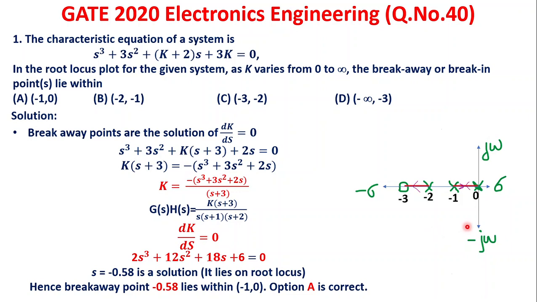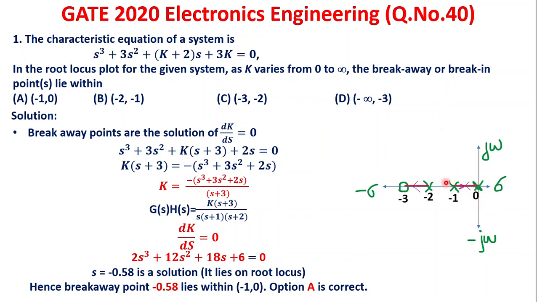And if we try to draw the root locus on the real axis, see the poles are 0, minus 1, minus 2, and the zero is at minus 3. Therefore, if we apply rule 4, that is root locus segments on the real axis, any point to lie on the root locus must have the number of poles plus number of zeros to the right of the point odd. Yes. So this should be the root locus.